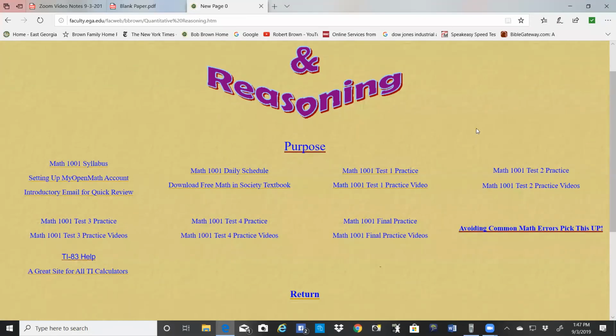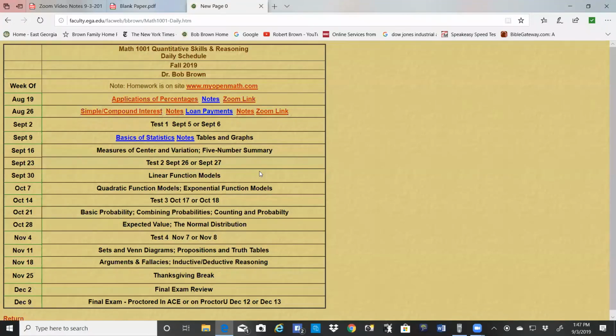And this tells you just about everything you need to know, what your daily schedule is. It tells you the week of September the 2nd, you got test 1 on September the 5th or September the 6th. You need to take that.